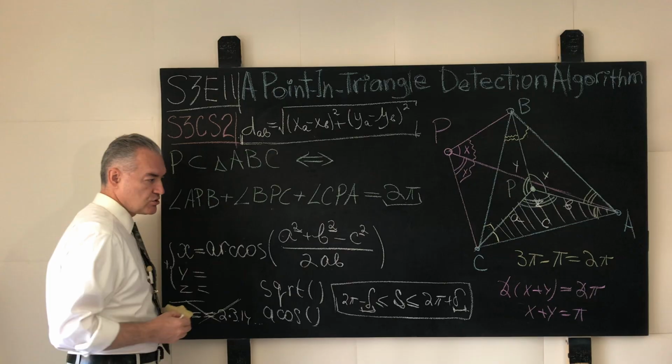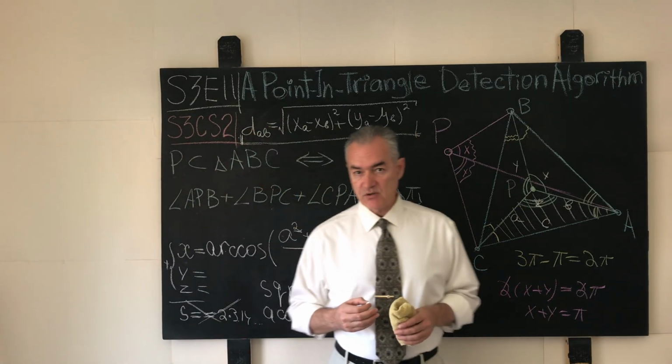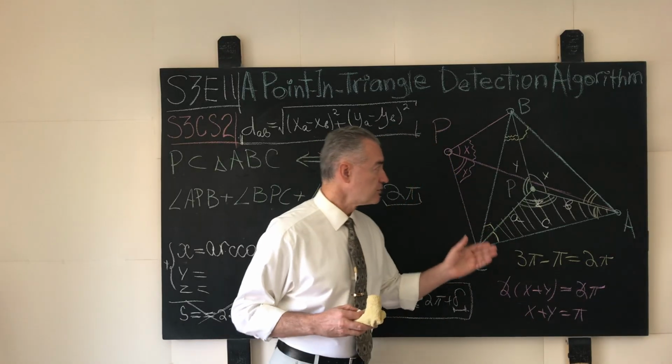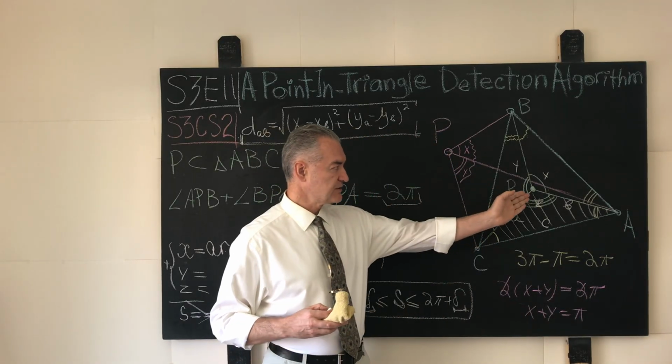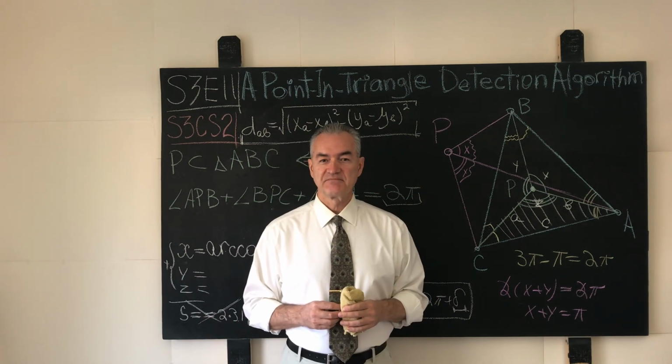And that shows that this specific honorable mention algorithm for determining whether a given point P is located outside or inside of a given triangle is not very Turing machine friendly.